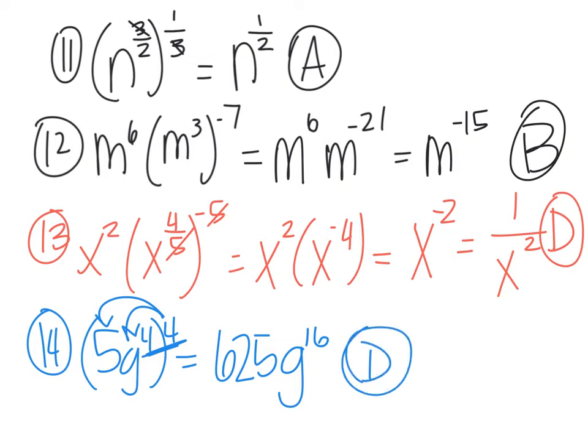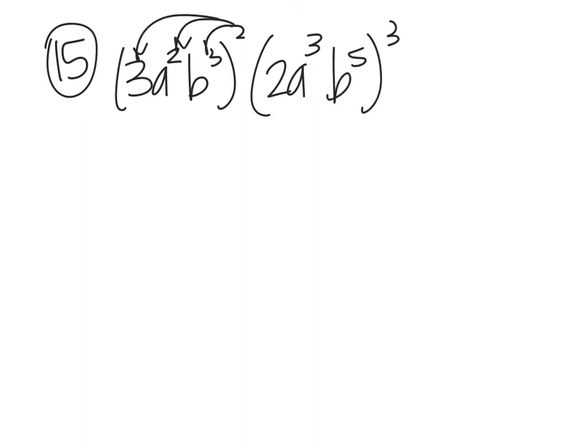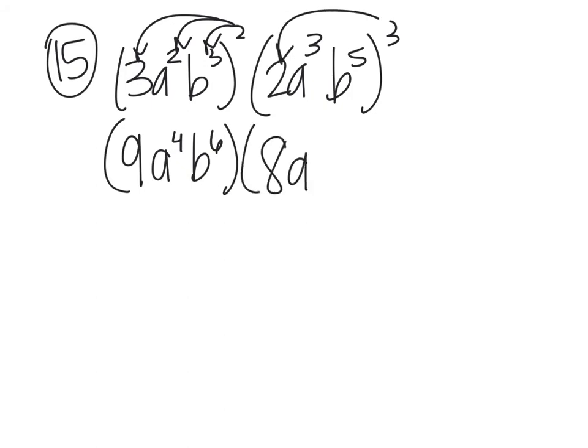15. All right, 3a squared b cubed, all squared, times 2a to the 3rd b to the 5th, all cubed. You're going to distribute this exponent, and you get 9a to the 4th b to the 6th, times 8a to the 9th b to the 15th.